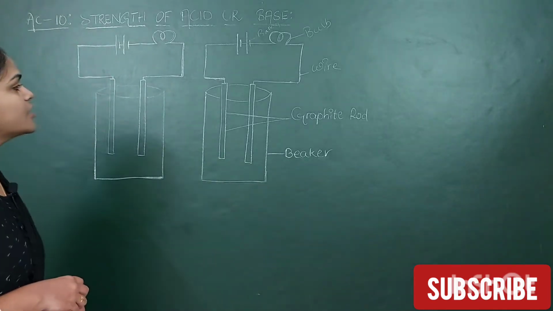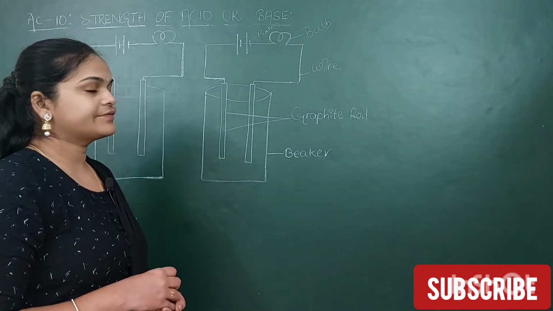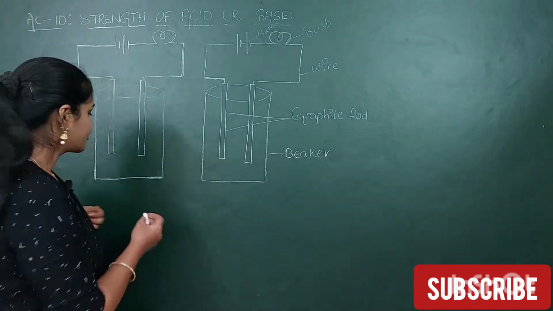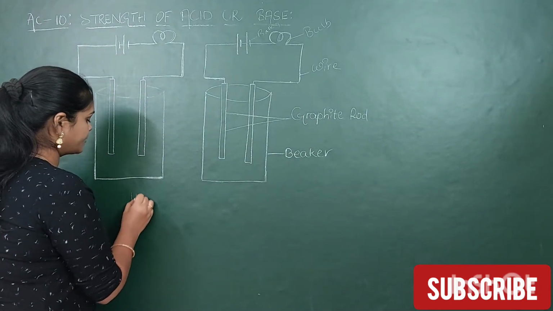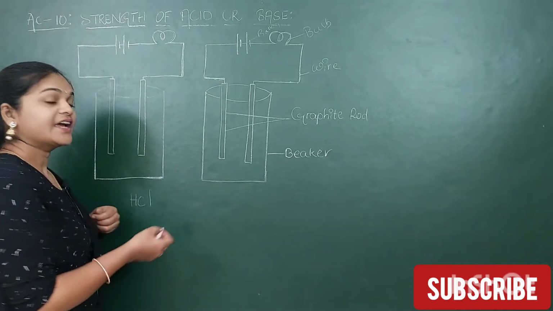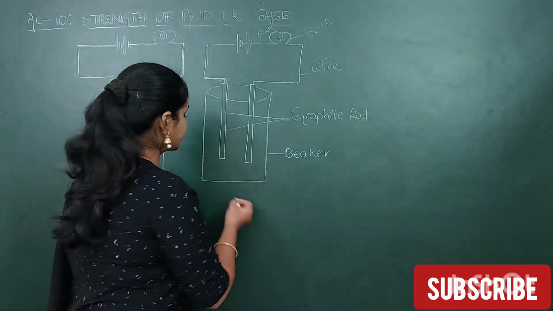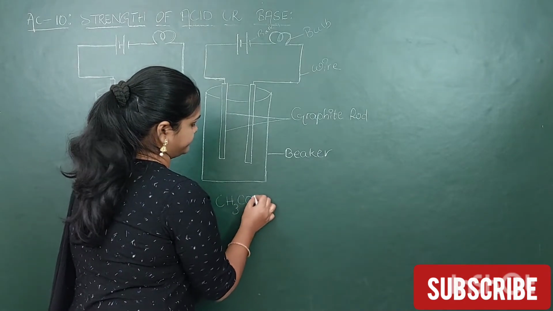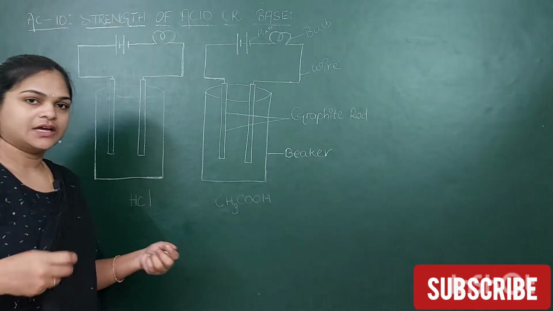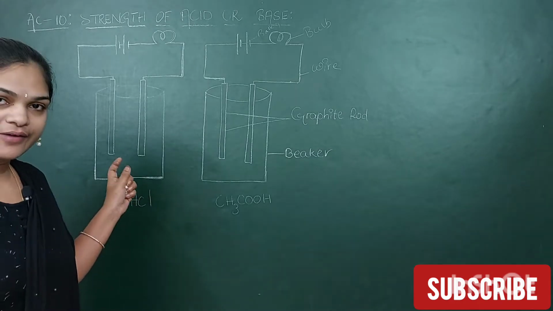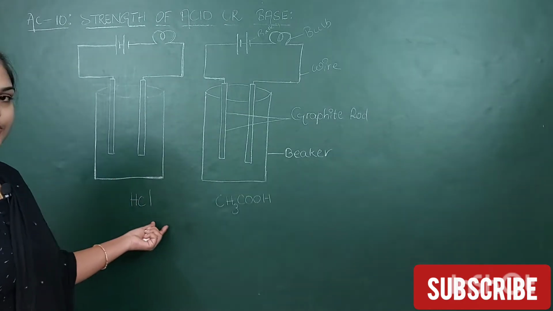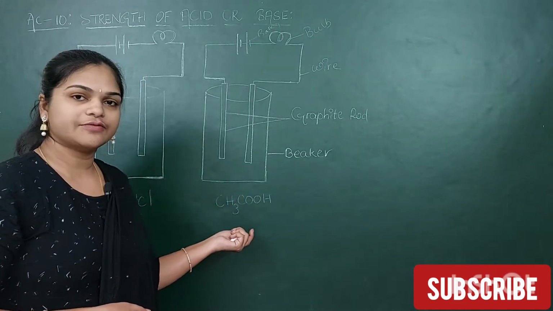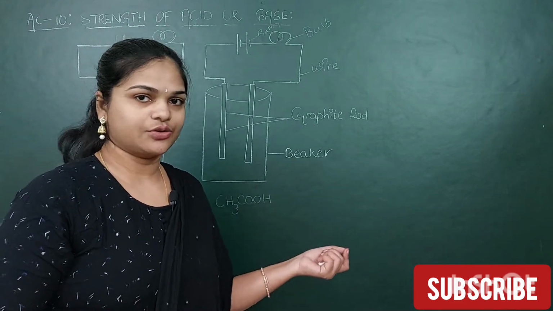So after that, what do you have to do? You have to take 2 solutions. In the first beaker you place HCl solution, hydrochloric acid, and in the second beaker you place CH3COOH, acetic acid solution.